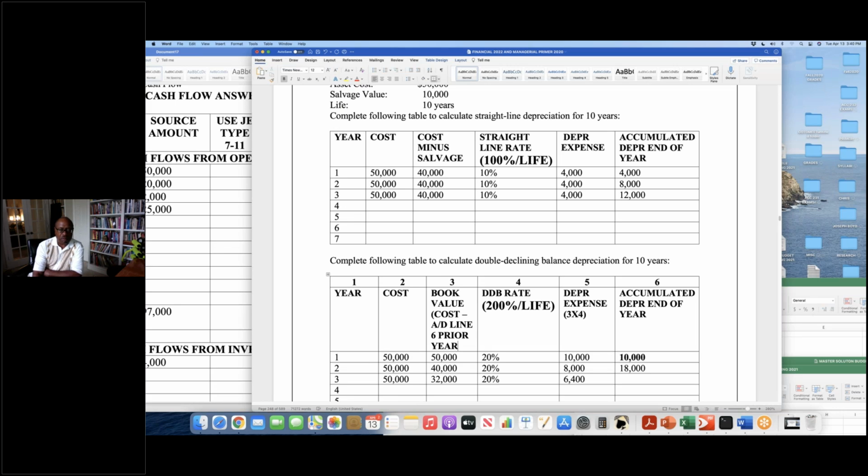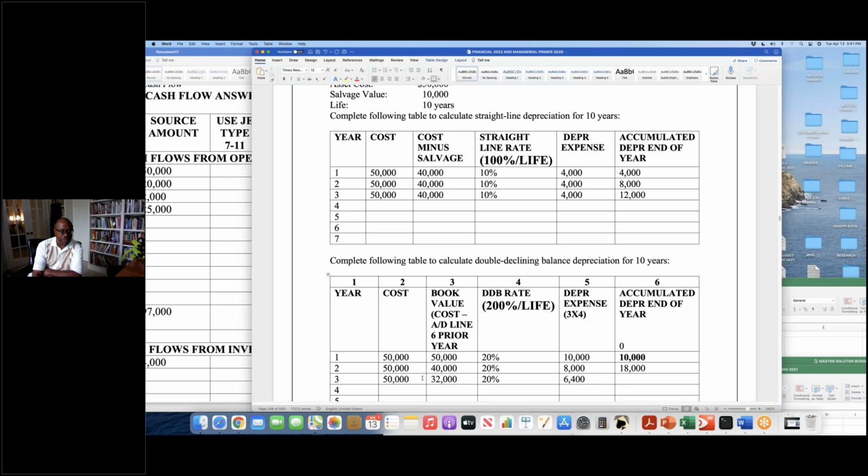So if you remember, when we first buy that, accumulated depreciation for the prior year is 0. That's why I went 50. But in year 2, we go to line 6 for the prior year, 10, and we subtract it out to get 40.